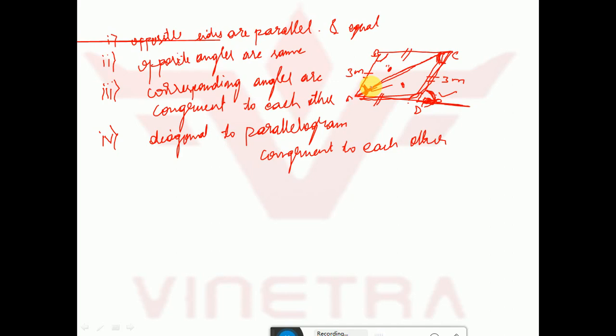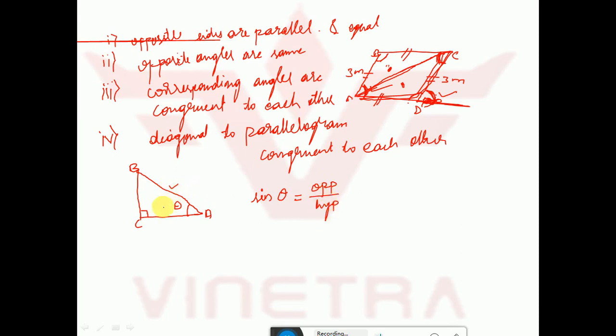Apart from this, let us know a few trigonometric properties, basic trigonometrics. Let me draw a right angled triangle. This angle is 90 degrees. Let us take the angle as theta, and the vertices A, B and C. Sine theta is nothing but opposite divided by hypotenuse.